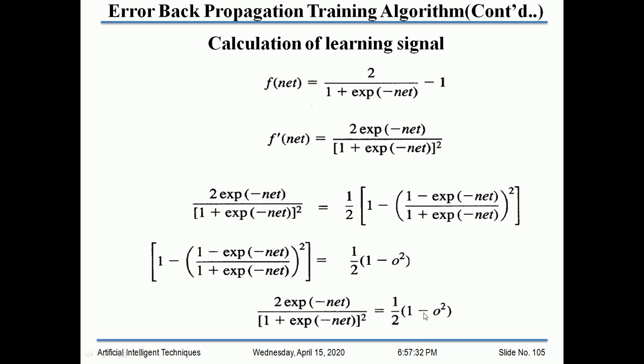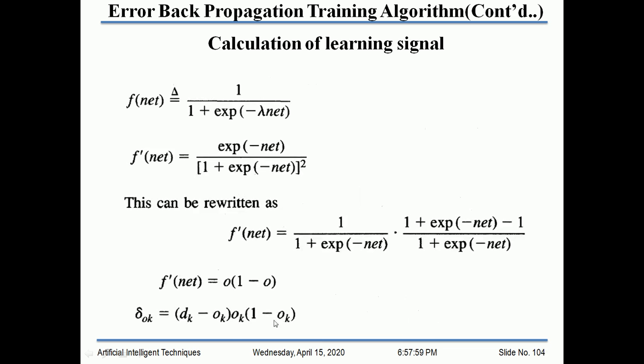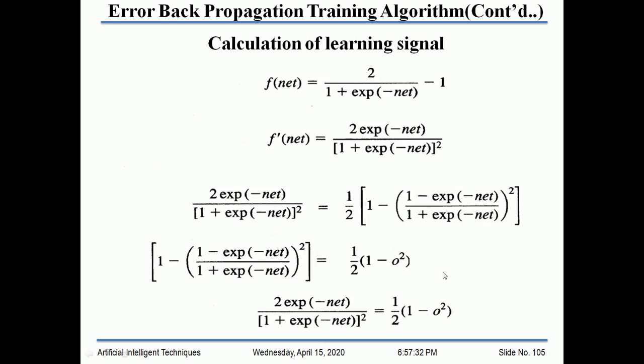As seen in the earlier slide, what is delta OK? Delta OK is dk minus OK into f dashed of net. If you have chosen a unipolar activation function, your f dashed of net is OK into 1 minus OK. If you have chosen a bipolar activation function, it is half into 1 minus O square.